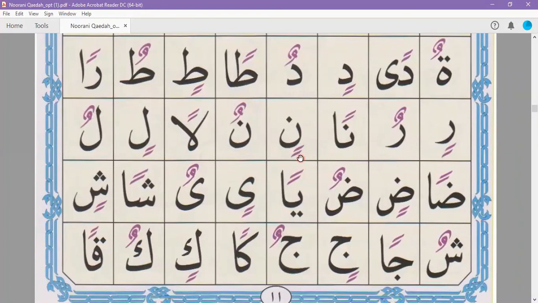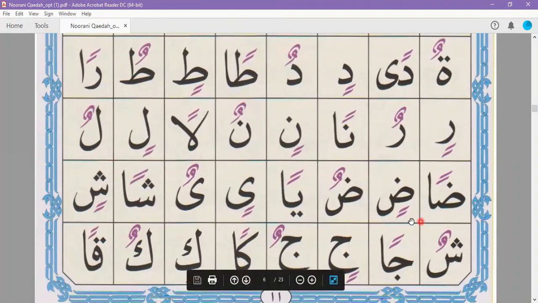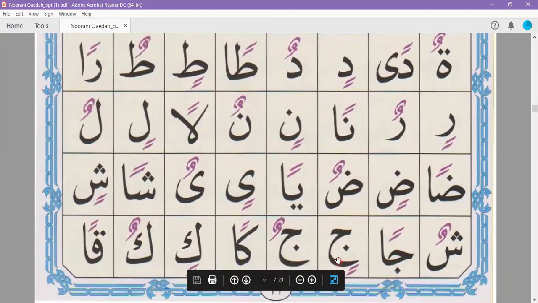Nan, nin, nun. Lan, lin, lun. Dan, din, dun. Yan, yin, yun. Shan, shin, shun. Jan, jin, jun.